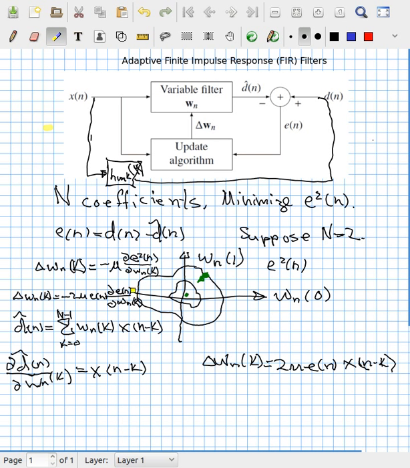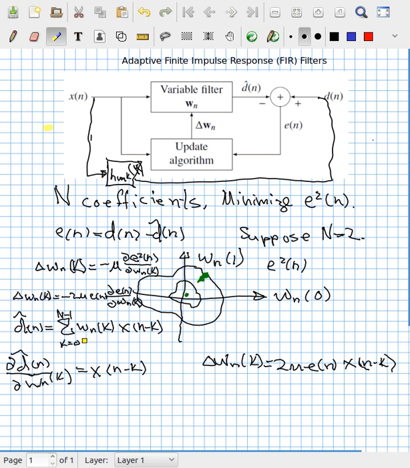So d hat is the convolution of w sub n with x sub n. This is the definition of convolution here. If I take the derivative of that with respect to w sub n of 1, I only get x of n minus 1. And if I do it with respect to w sub n of k, I get x of n minus k. Only one term.